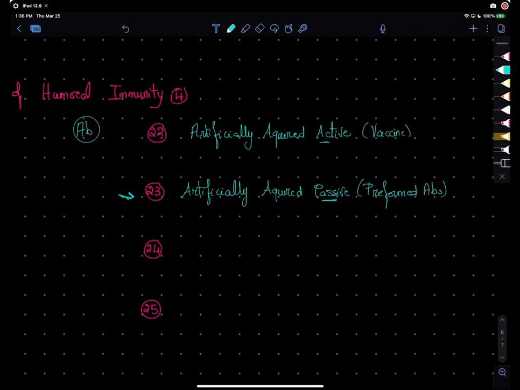It might be naturally acquired active. What's going to be considered a naturally acquired active humoral immunity? Getting an infection.